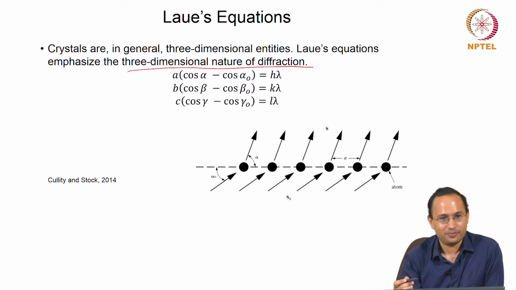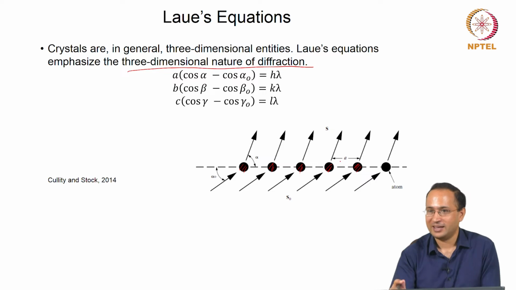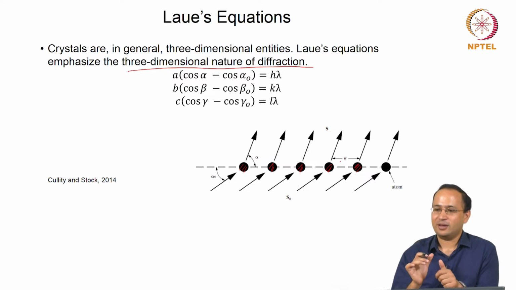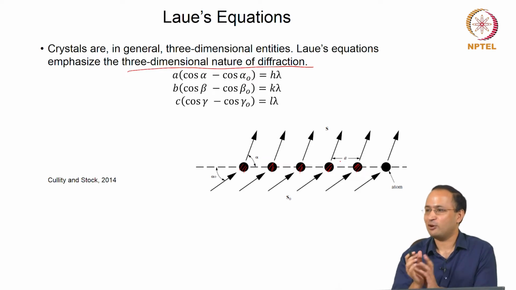Idea is same. So these are the scatterers, atoms, right, in one dimension, right. You have incident beam and diffracted beam, right. All you have to do is calculate the path difference. So here you see, and suppose in one dimension this spacing between these atoms is a. Same thing you can consider in B direction, Y direction b, Z direction you have c. A, B, C, think of the crystal.